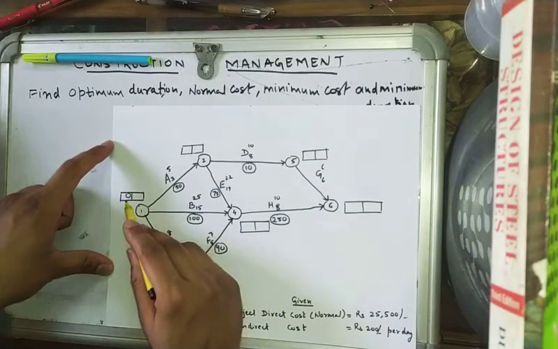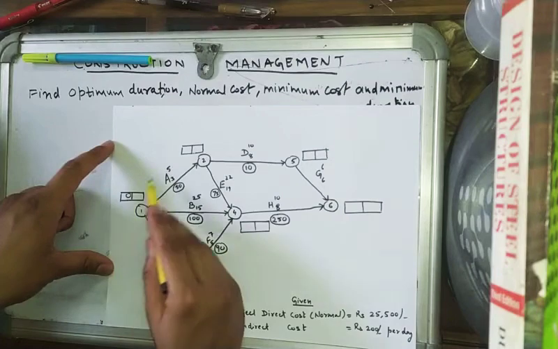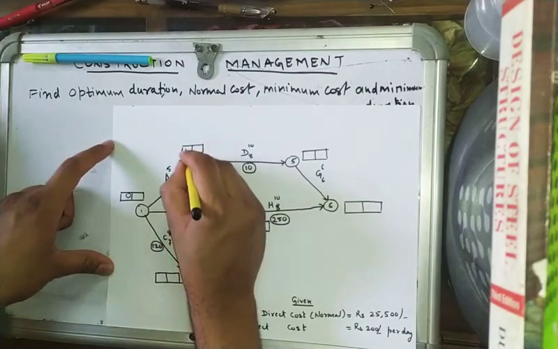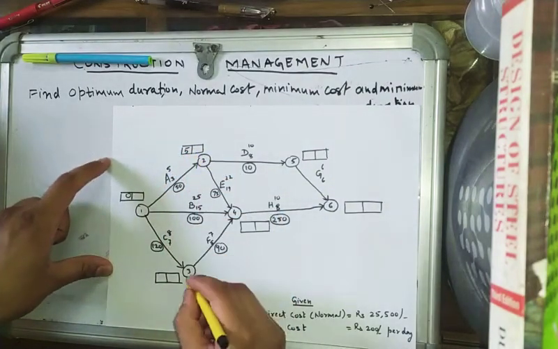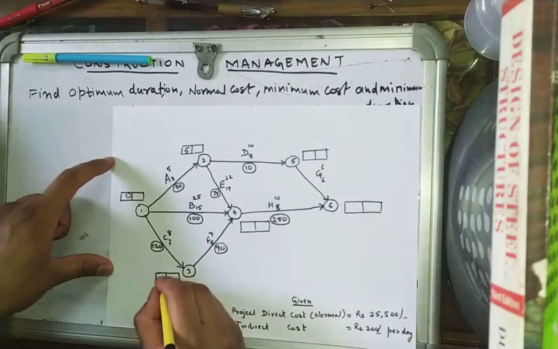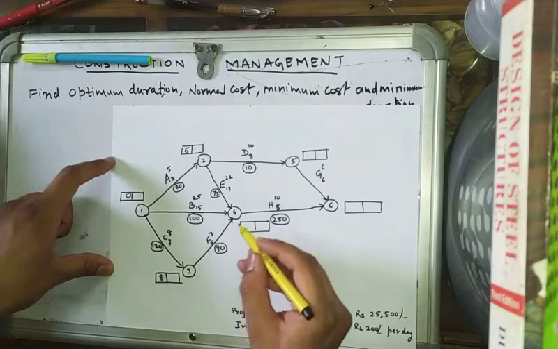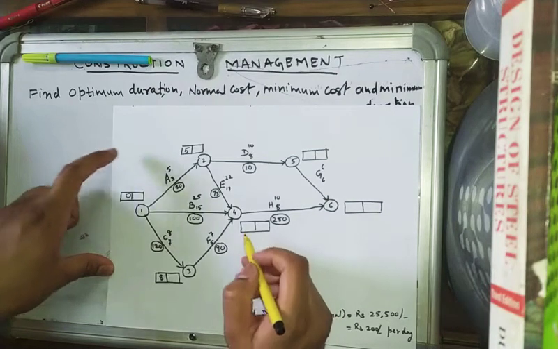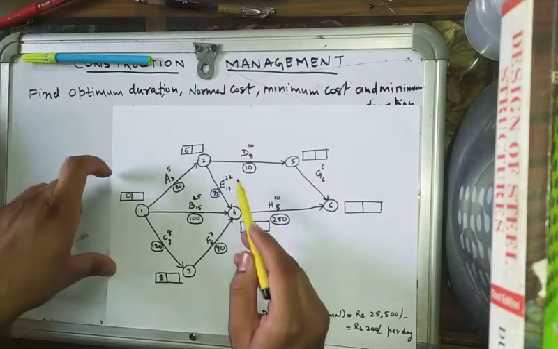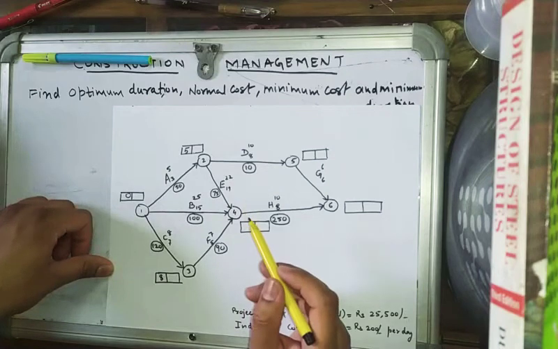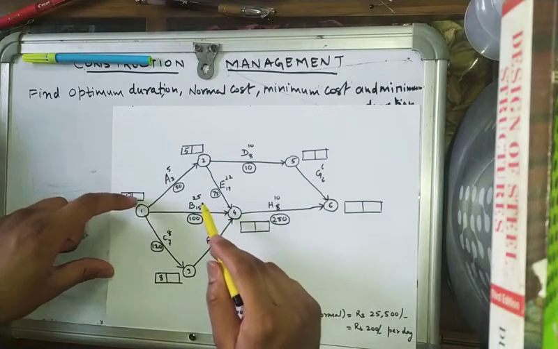So for event 2, 0 plus 5, it will be 5 EOT value. For this, 0 plus 8 is 8. 8 plus 7 is 15. And 5 plus 22 is 27. 0 plus 25 is 25.